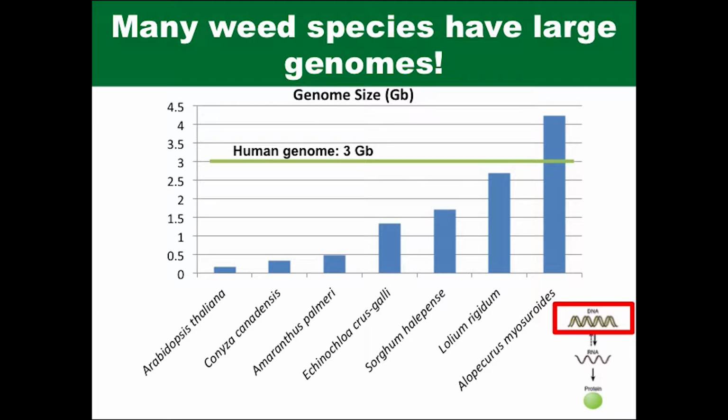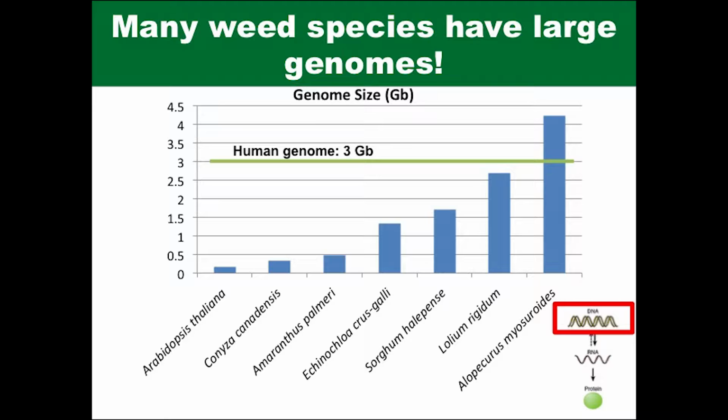And we know another thing about weeds is that they often have pretty large genomes. One of the main reasons the Kochia genome, as you can see here, has been finished first is that it's pretty small. It's almost as small as Arabidopsis. So that's pretty advantageous.